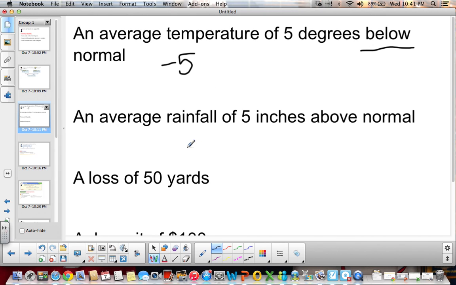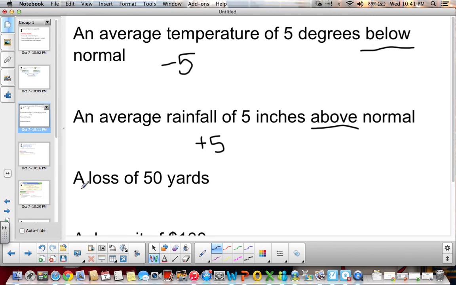An average rainfall of 5 inches above normal. We're not exactly sure what normal is in these situations, but we know it's +5, that's how we would write it, above normal. And the temperature being 5 degrees below normal is -5.